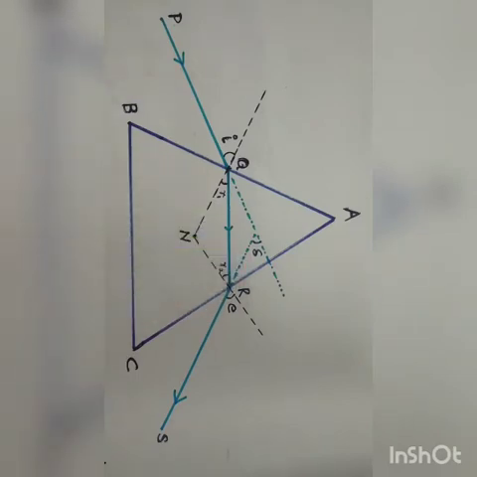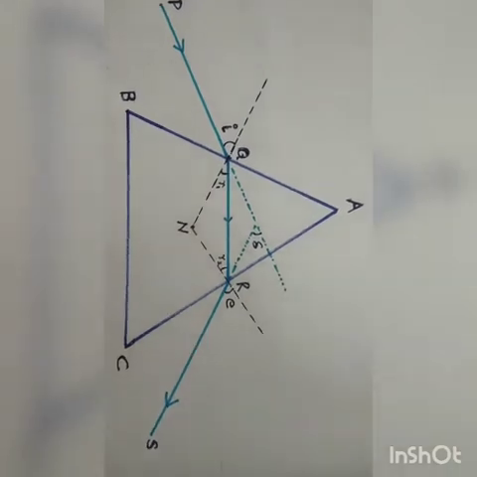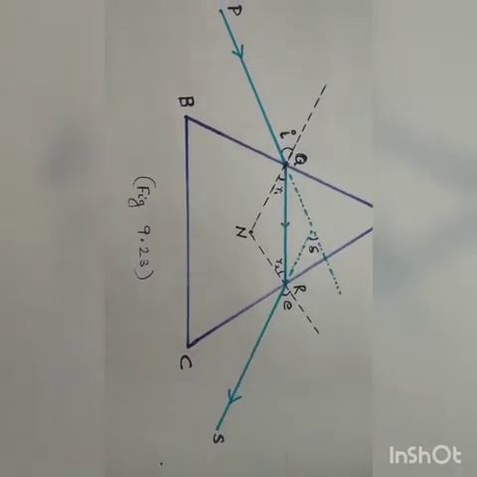So whenever you are doing a derivation, always there is a mark for a properly labeled diagram and a small introduction. Okay, so this is the introduction. You can see this diagram in your textbook in figure 9.23, refer that.